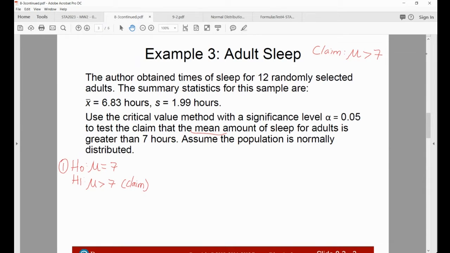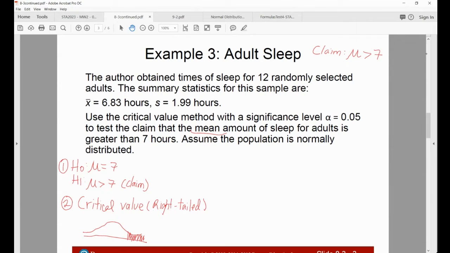Now we need to find the critical values or critical value depending on the type of problem. So what type of test is this? Left tail, right tail? This is a right tail test. So how many critical values do we need? 1 or 2? Only 1. And is it going to be positive or negative? It's positive, very good, because the rejection region is an area to the right.